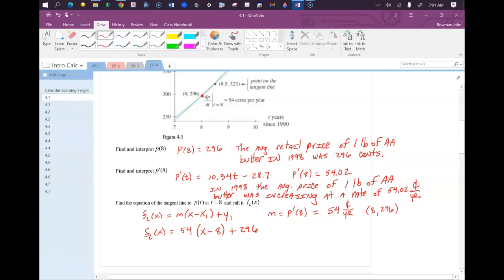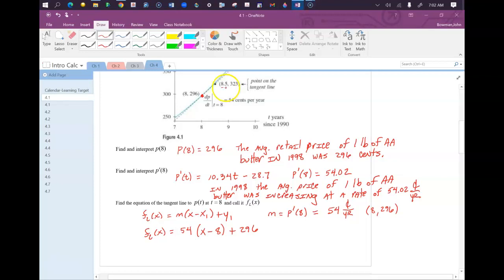And that's how we find the equation of the line tangent to a curve at a given point. We know the point on the curve, (8, 296). We know the derivative at t equal 8, 54. We've got our slope, we've got our point, now we've got the equation of that line. The next thing we want to do is use the equation of that line to estimate the value of the function P at a given location.